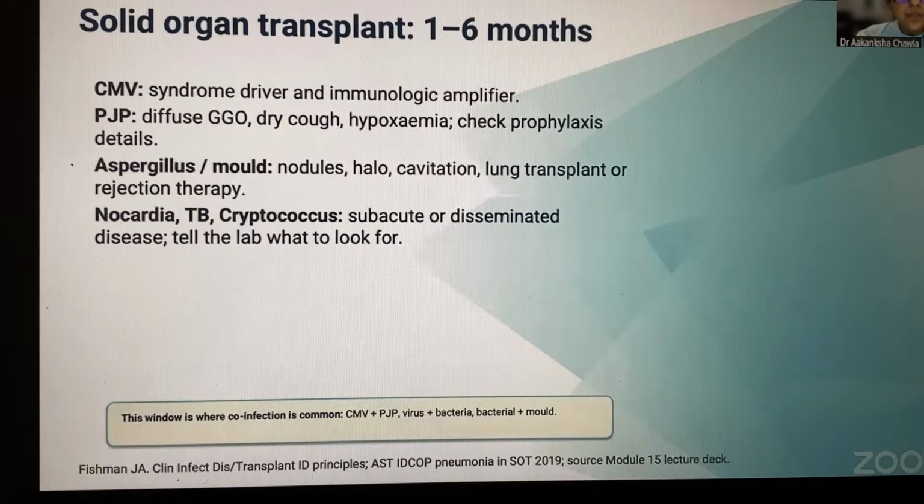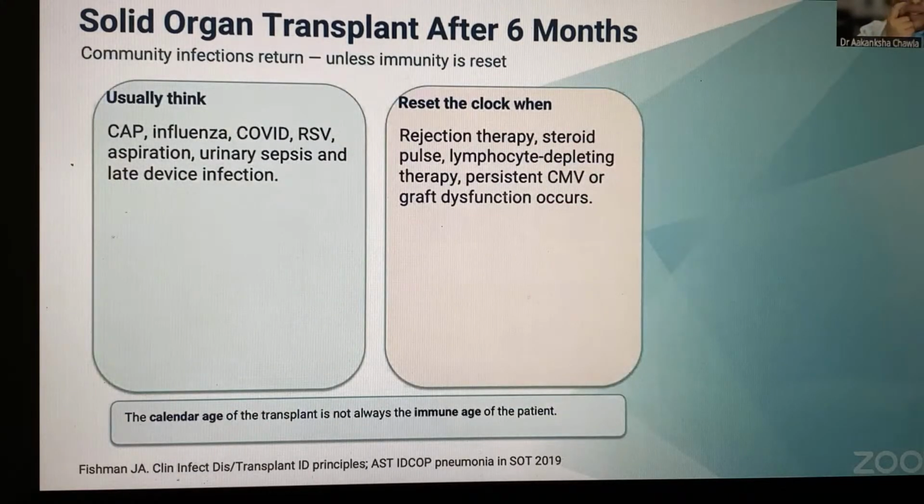Then in the subsequent 1 to 6 months, more of opportunistic infections, like infections with cytomegalovirus, pneumocystis jirovecii, aspergillus, mold, nocardia, TB, and cryptococcus are more common. Then after 6 months, it is again the community-acquired infections that return.